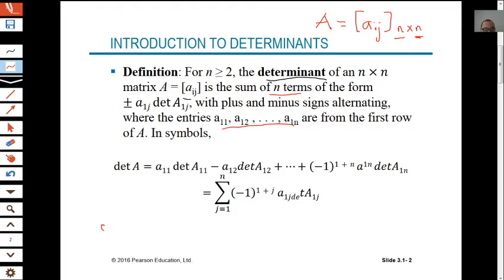If we rewrite, the determinant of a matrix A is given in this form, Aij n by n.